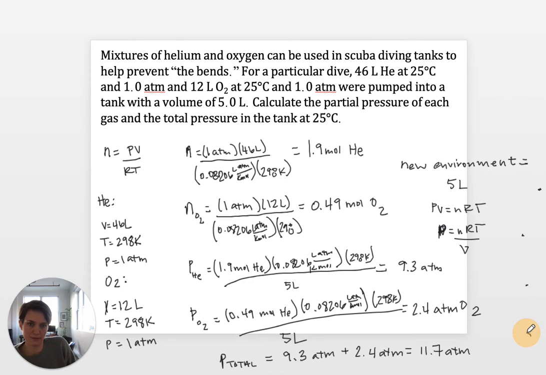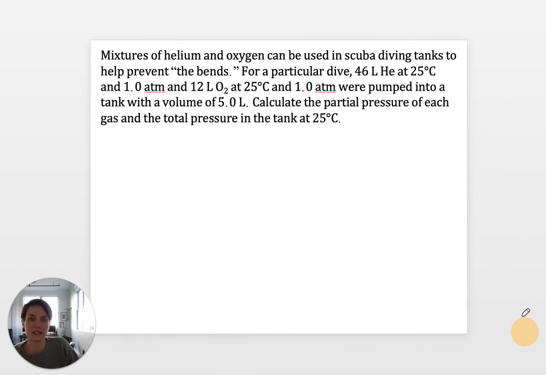Very cool. So that was the way that we had to solve it because we needed to know the partial pressures.